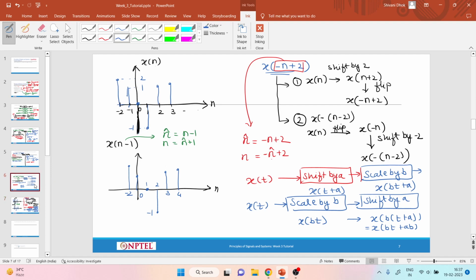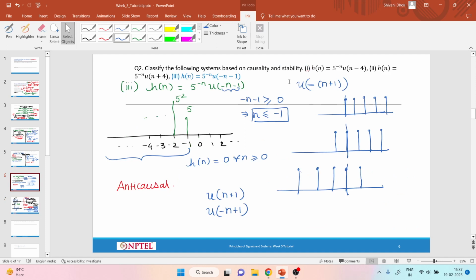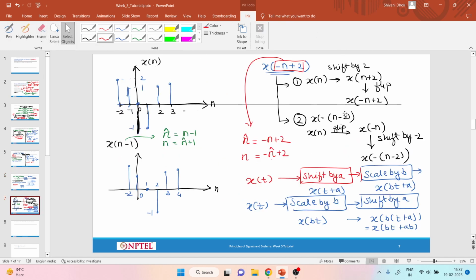Now you look at this. What you had tried was this one: you first shifted and then flipped. But what you had to do was first flip it and then shift it. See this one, it is the same thing, right?